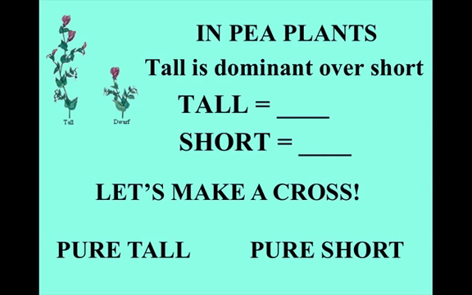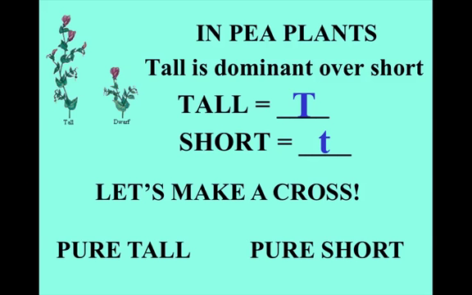In pea plants, tall is dominant over short. And the first thing that we have to do is assign letters when we're making a Punnett square. We are going to use capital T for tall and lowercase t for short. So let's make a cross.